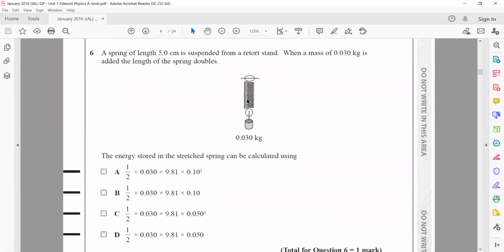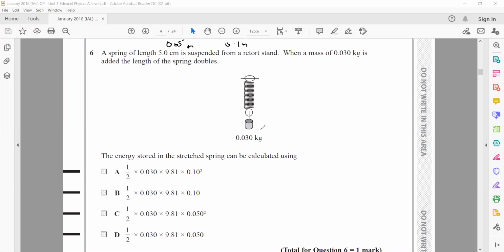A spring of length 5 centimeters is suspended from a retort stand. When a mass of 0.03 kilogram is added, the length of the spring doubles. So if the length of the spring doubles, if it is 5 centimeters or 0.05 meter, it will become 0.1 meter.